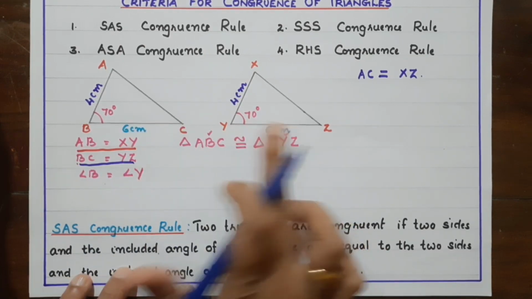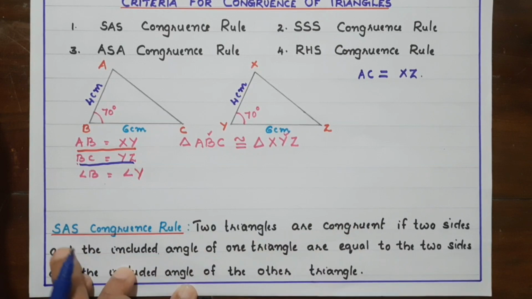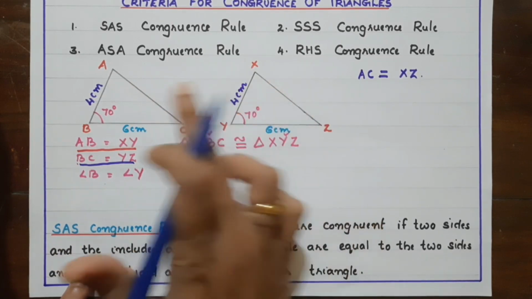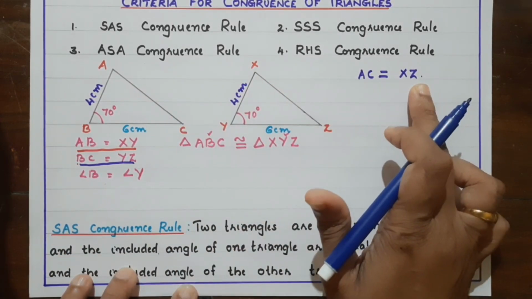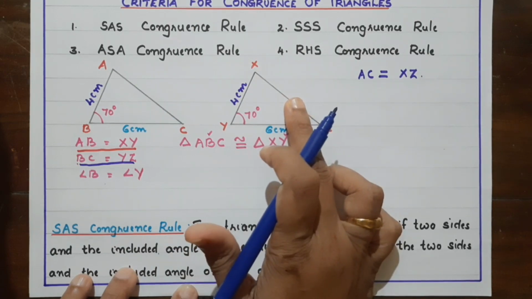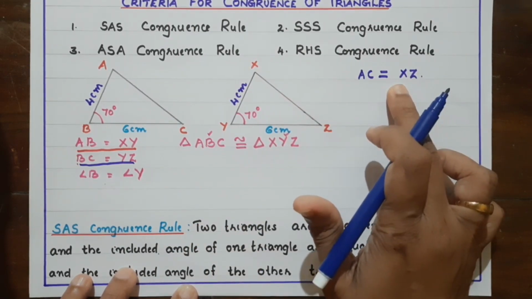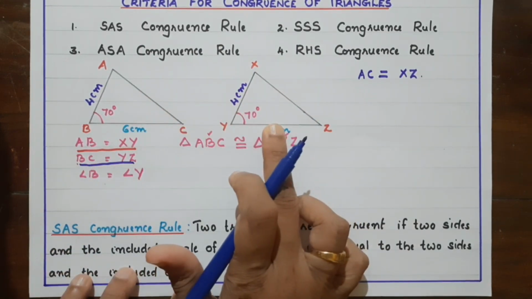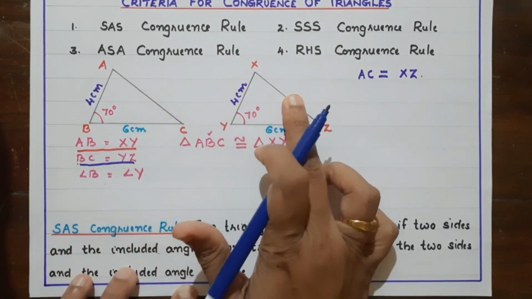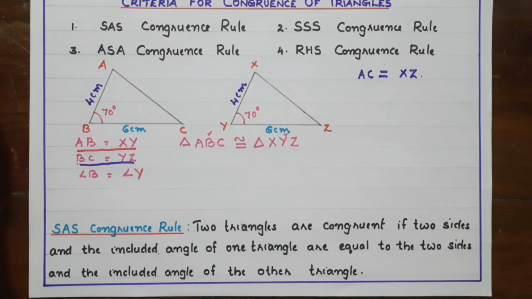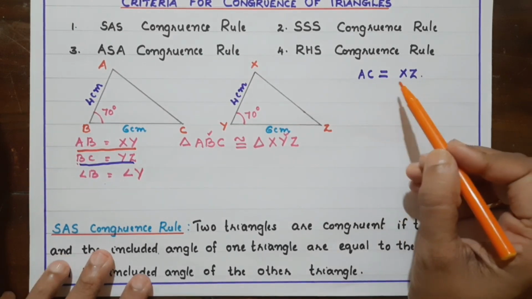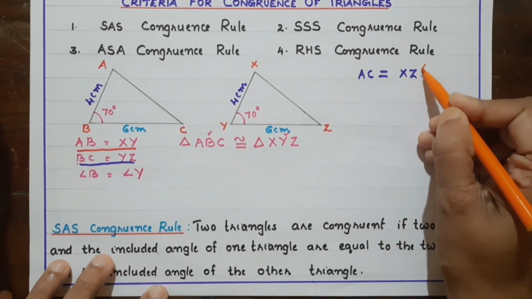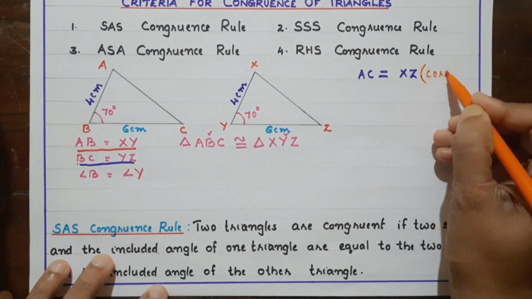If two triangles are congruent by using SAS congruence rule, the sides which we didn't consider, those two sides are also equal. So we can say the reason why these two sides are equal is because they are corresponding sides of congruent triangles, or we can say corresponding parts of congruent triangles.